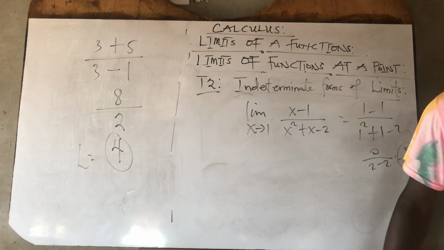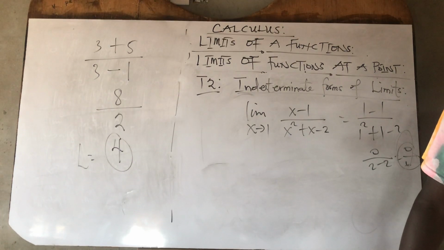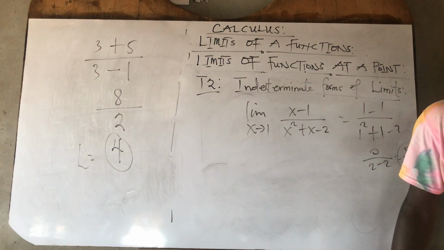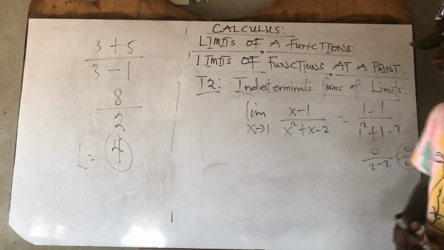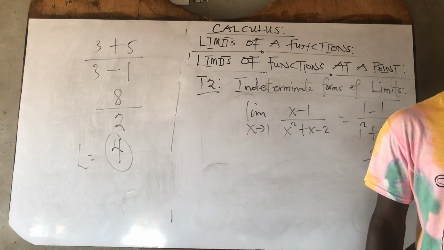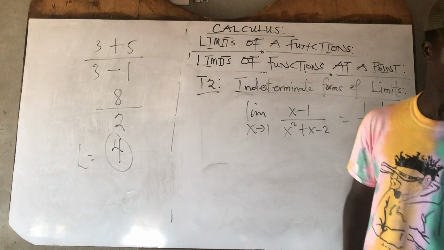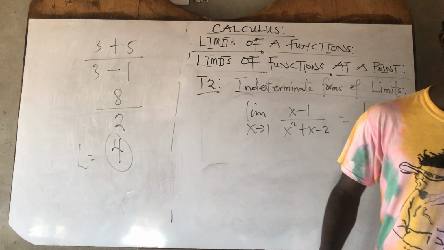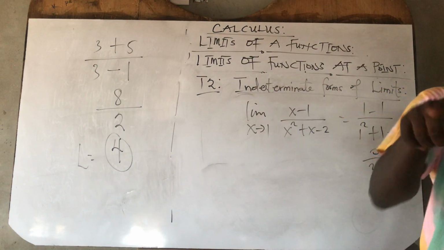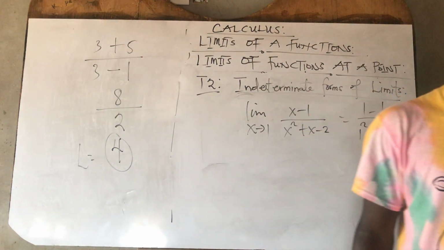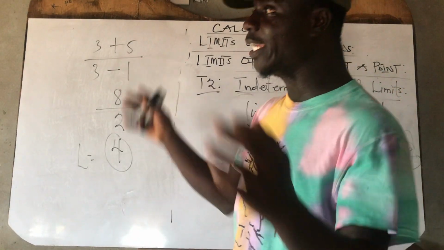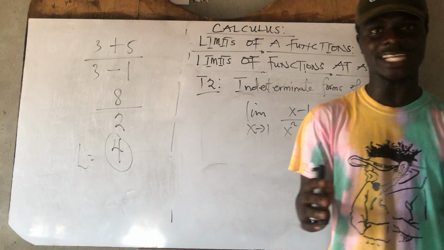So now, when x equals 1, in both the numerator and denominator, 0 over 0 is obtained. In this case, it is advisable to either factorize the numerator or denominator first, then simplify and take the limit at the given point. Let me summarize what I just said.